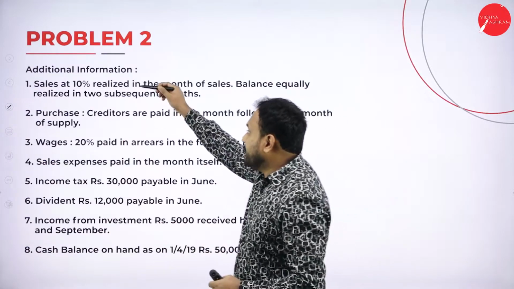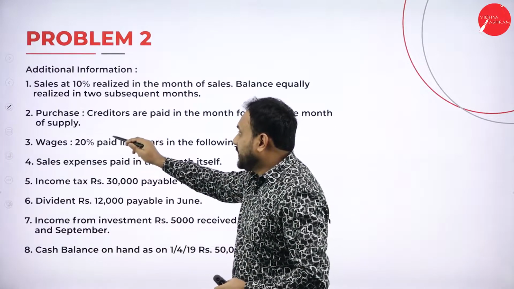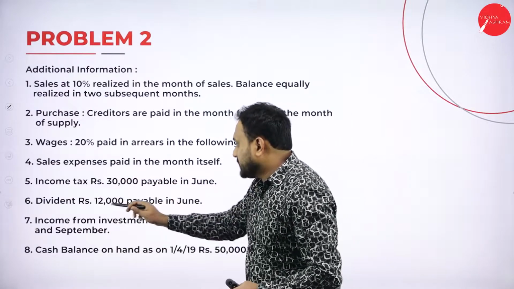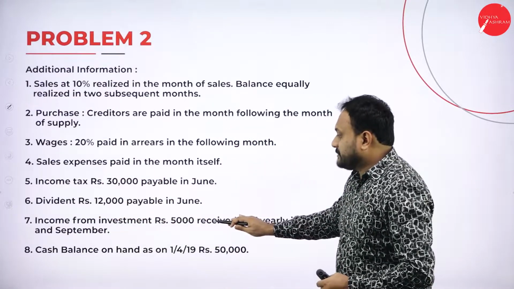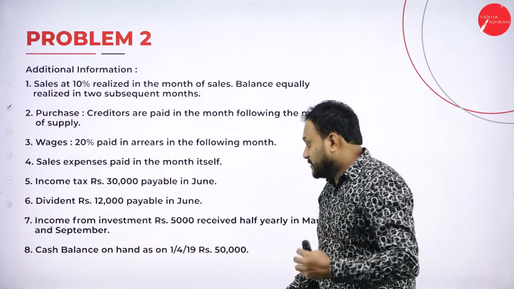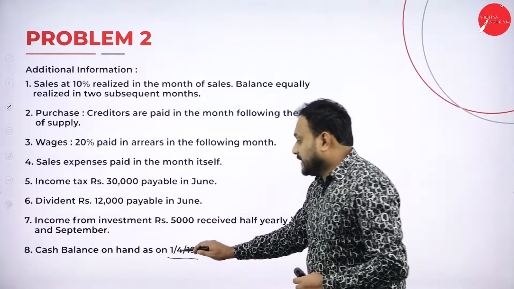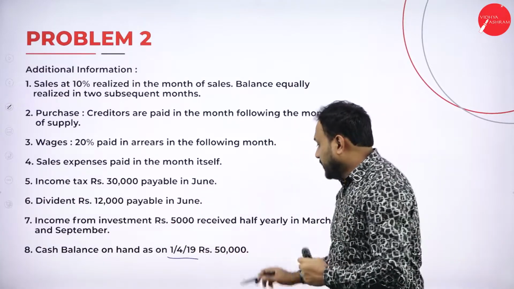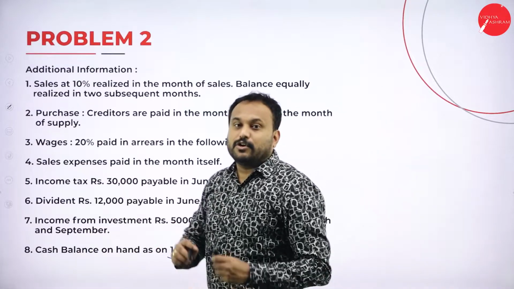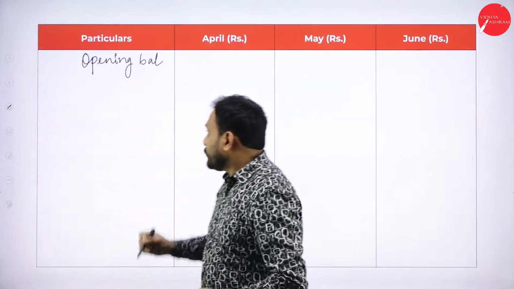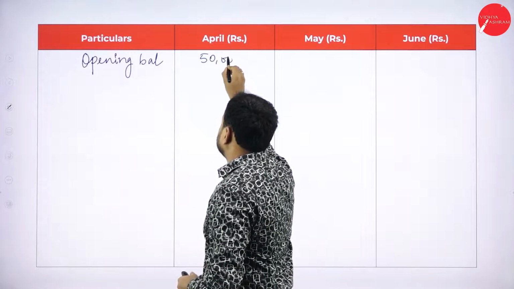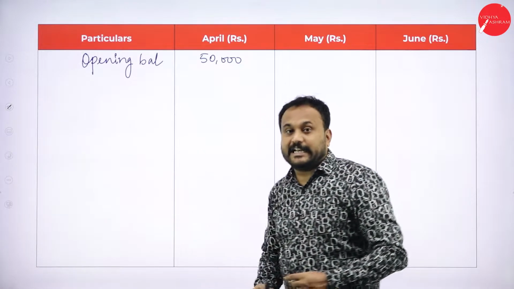Now see here, purchase, wages, sales expenses, income tax, dividend, income from investment, and the last one is cash balance on hand as on 1st April 2019, that is 50,000 rupees. So this is our opening balance. So we'll write here how much? 50,000 rupees. Done. So the first entry is done.